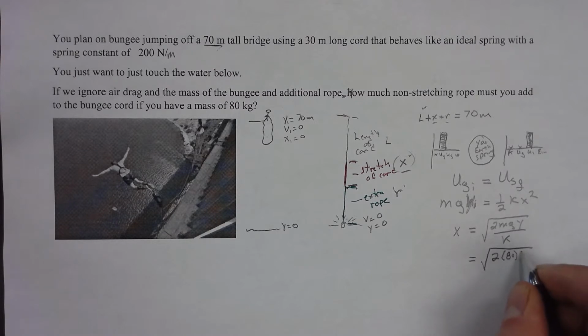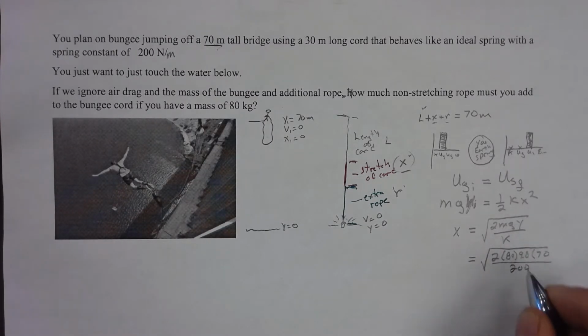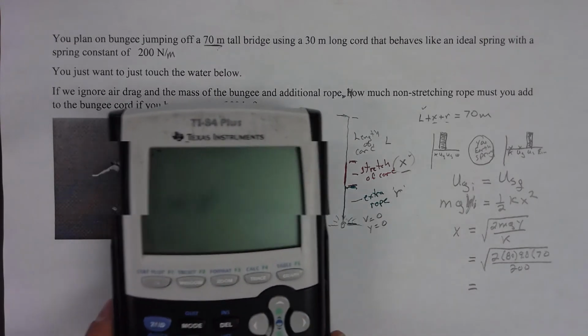Alright, plug that in. 80, 9.8, 70, height over k, 200. Let's see if we can see my calculator.